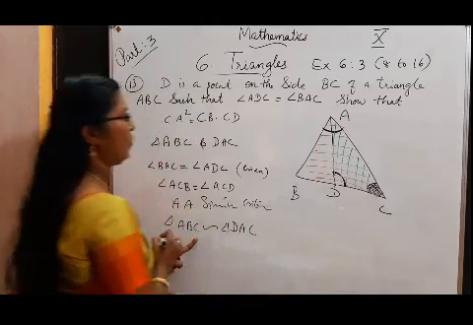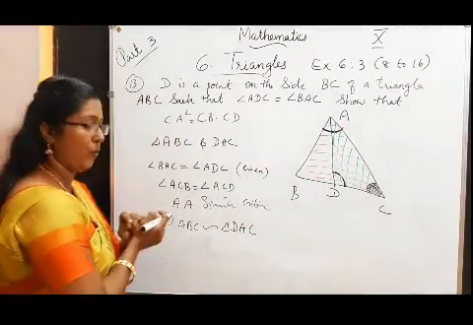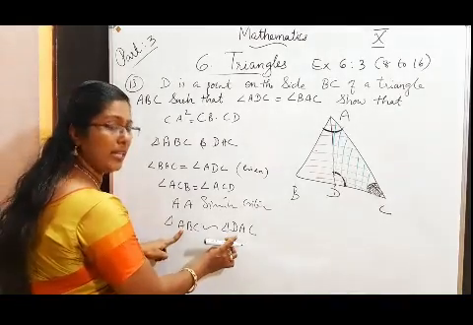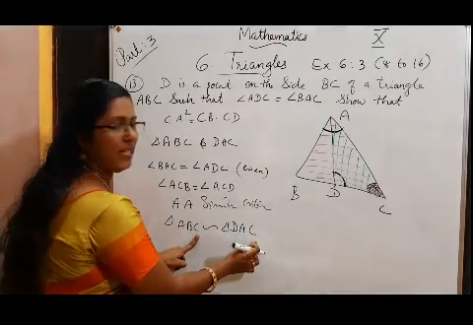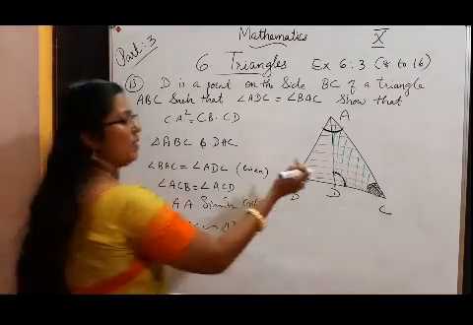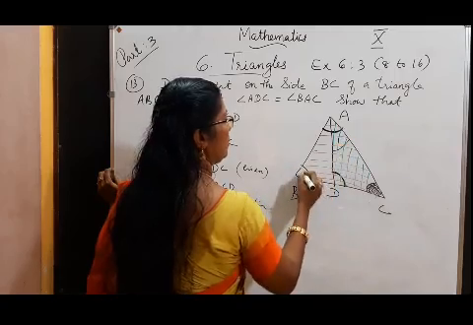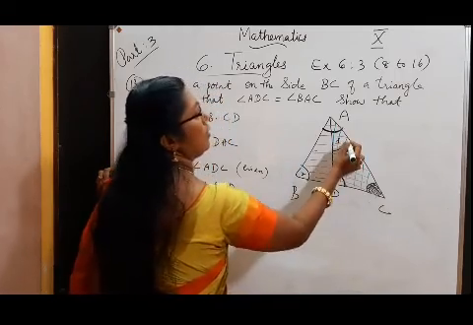The order is D, A, C. That means the corresponding angles are equal. Here A and D are equal, then C and C is common. So we can conclude that these two angles are equal.